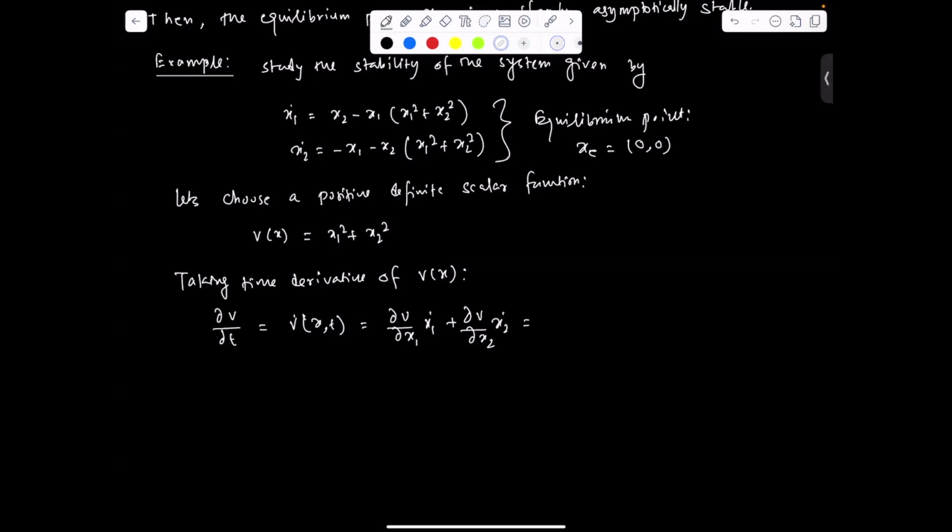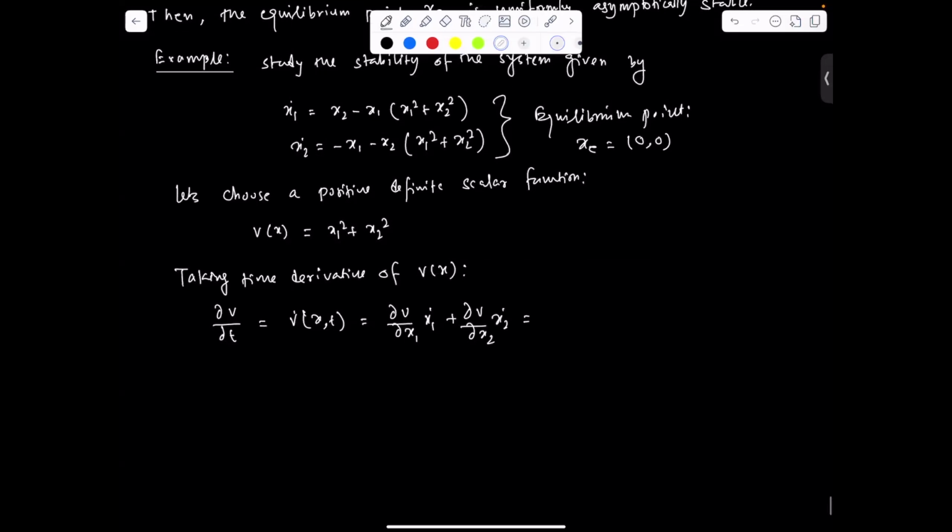From our positive definite function, we can use this formula here.